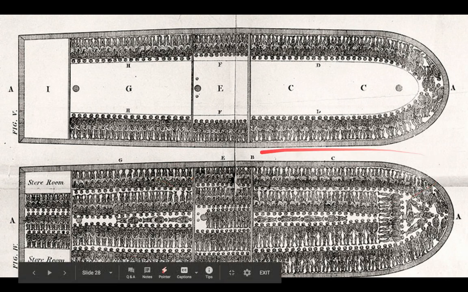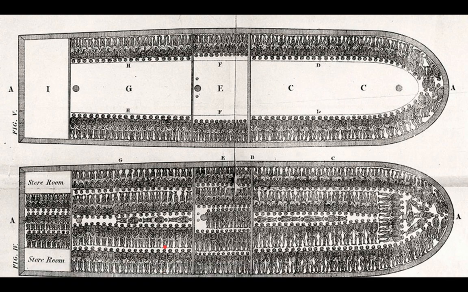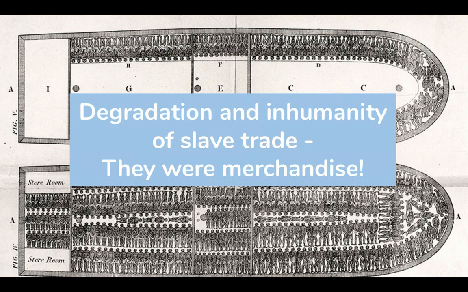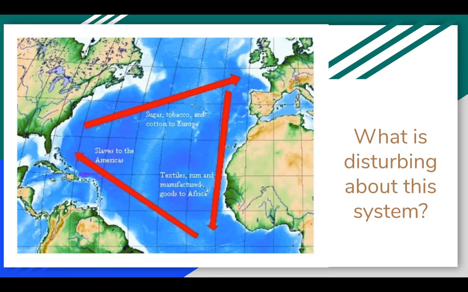So take this whole row and now add another layer and another and another. Again, this is inhumane. They are not being treated like humans. They are being treated as if they were merchandise. And you can see that again here in the triangular trade. This is items to items to items.